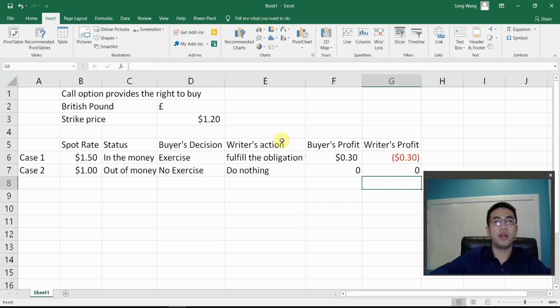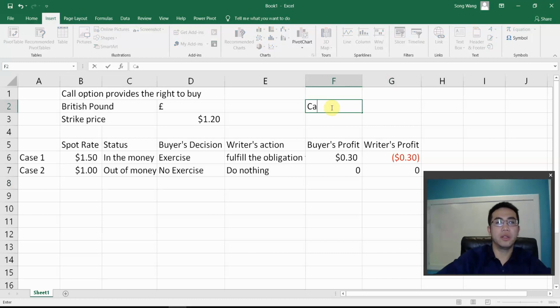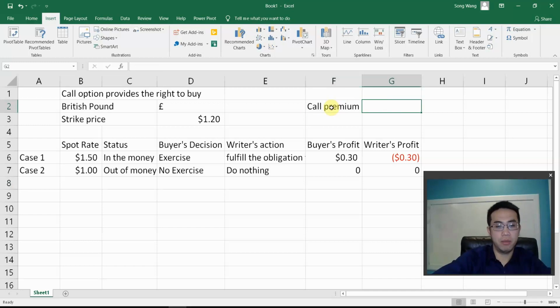Okay, so far I have not incorporated the price for the option. When the option buyer buys from the option writer, the buyer needs to pay a premium, or the price of the option. That price is called a call premium. I just put it as $0.1 per British pound.